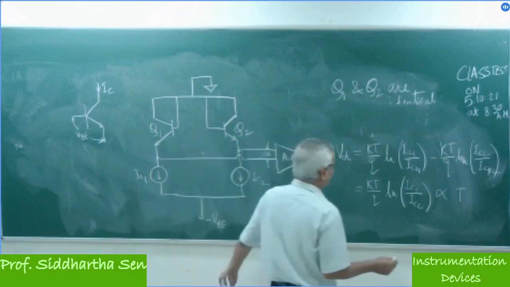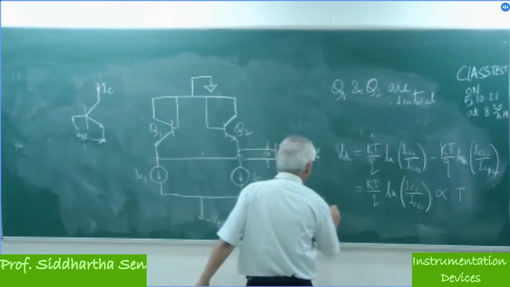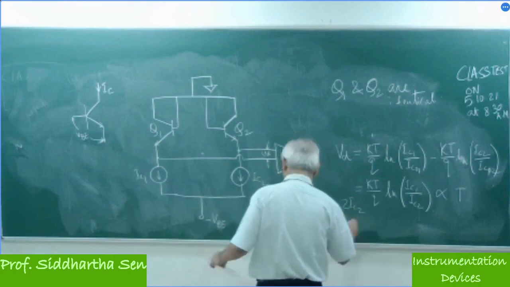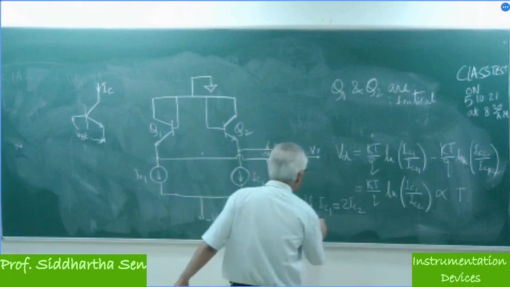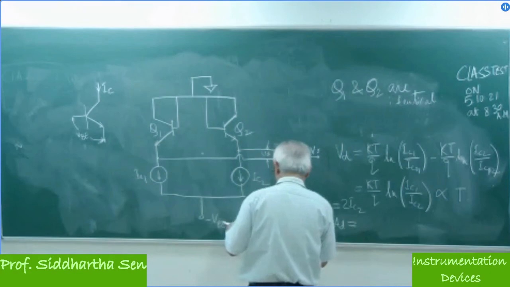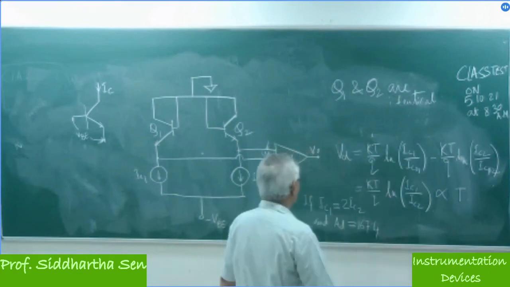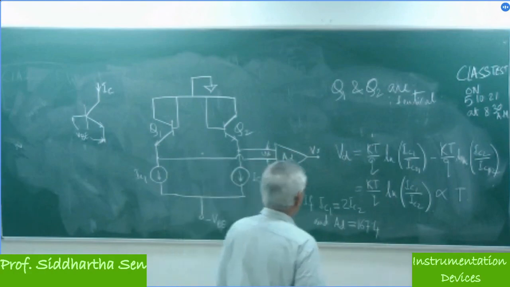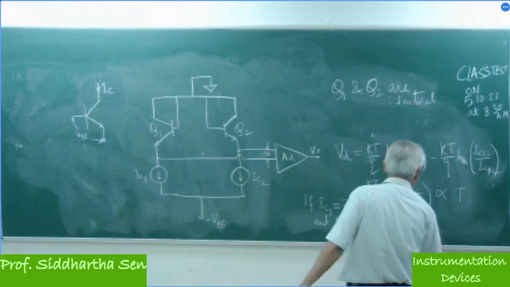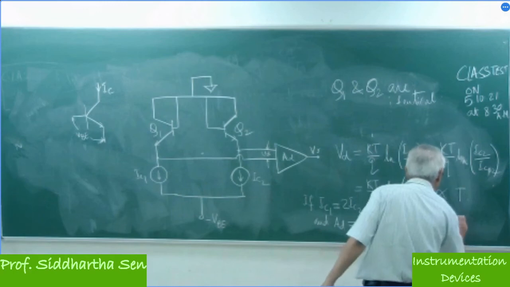So this is linear, and if we make IC1 equal to twice IC2, and AD we select as equal to 167.4, because K is known, Q is known, all are constant, then we can get the sensitivity.